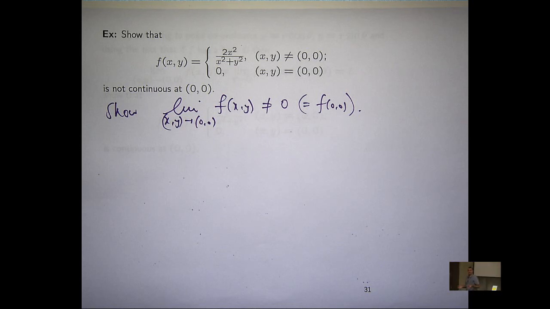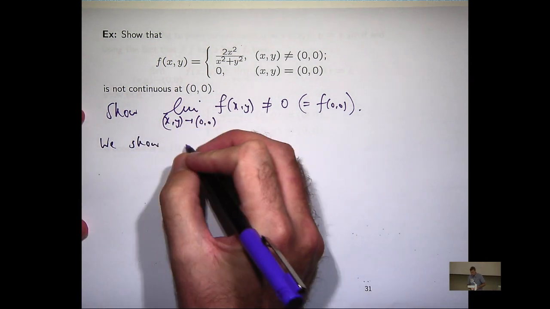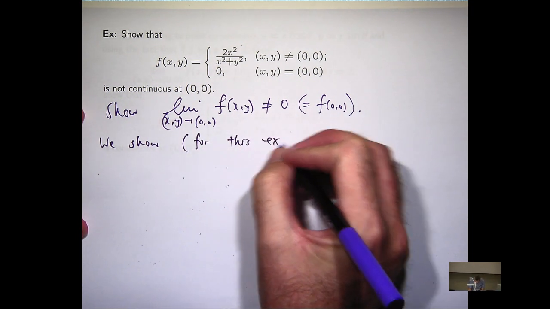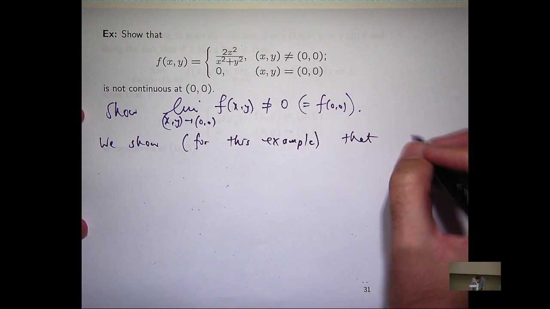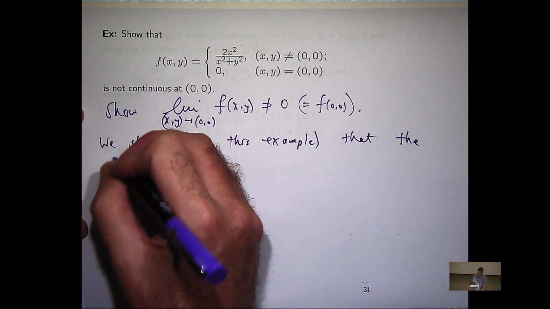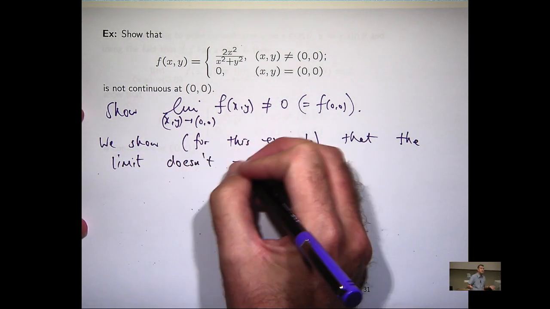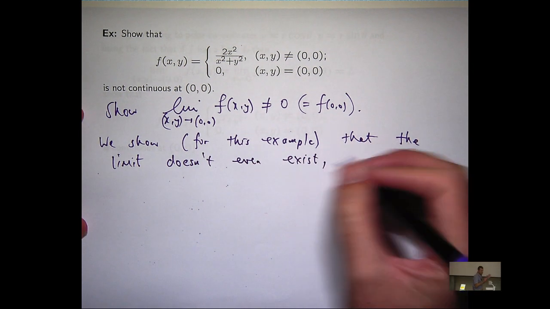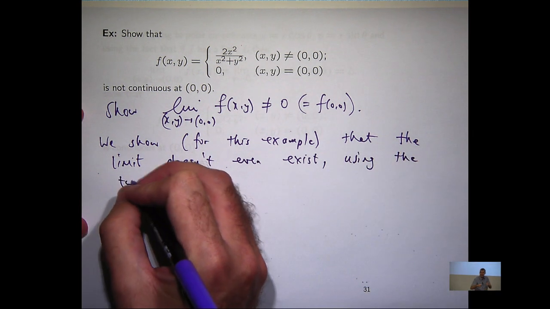So of course it can't equal 0. So the two-path test.